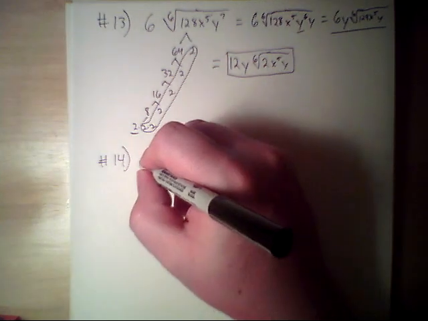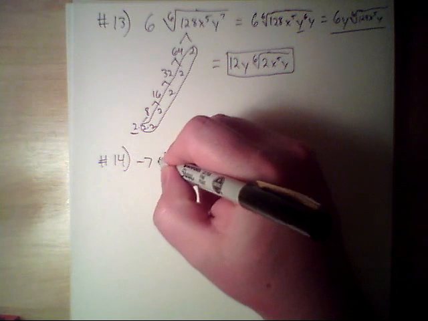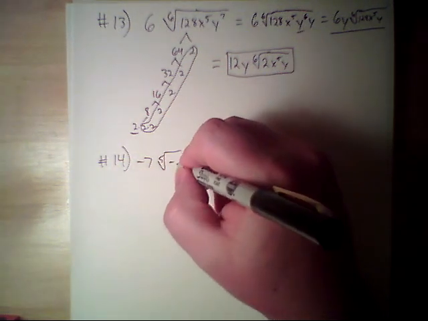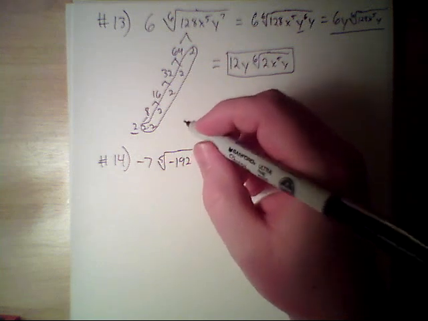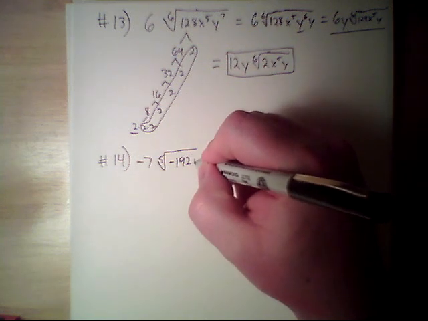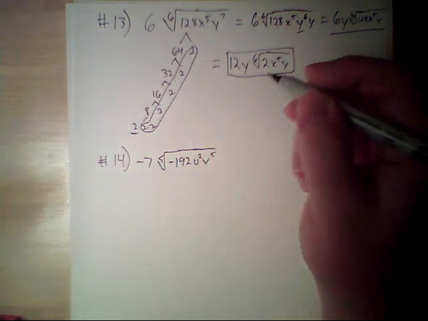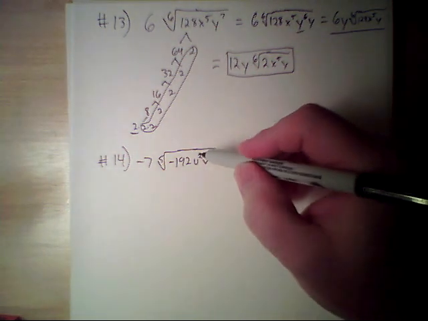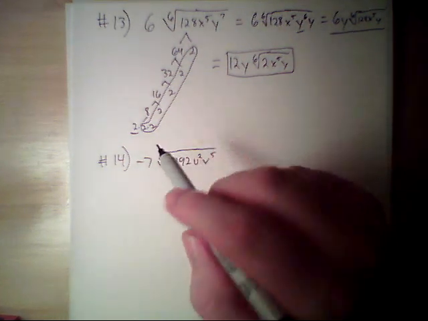Let's see, we have negative 7 times the 5th root, getting more interesting, of negative 192 u squared v to the 5th. We know that we can't do anything with that u squared. Actually, first of all, let's deal with these negatives.